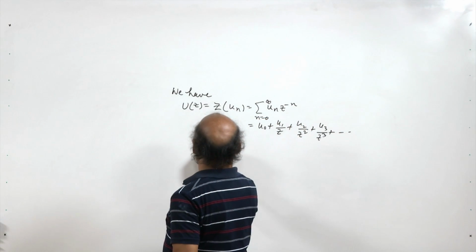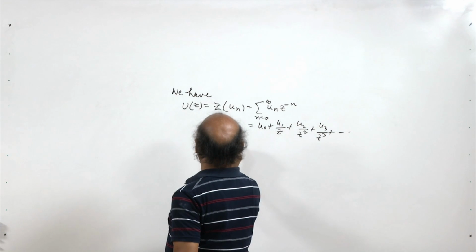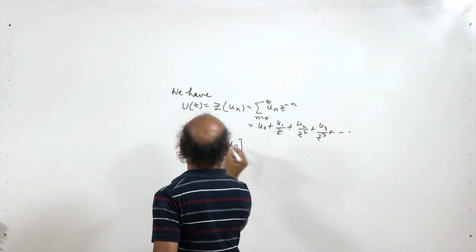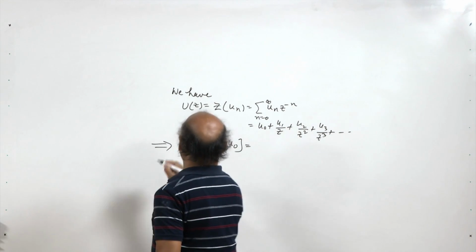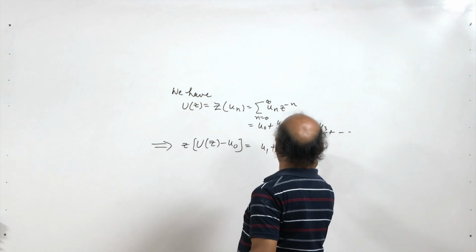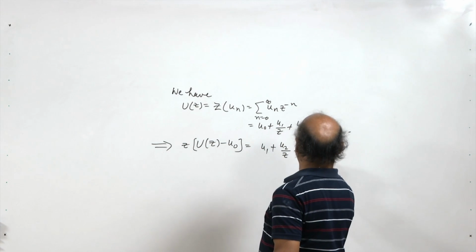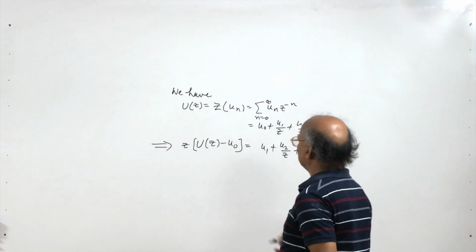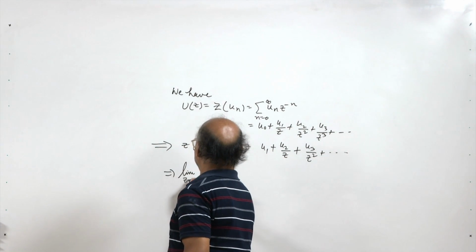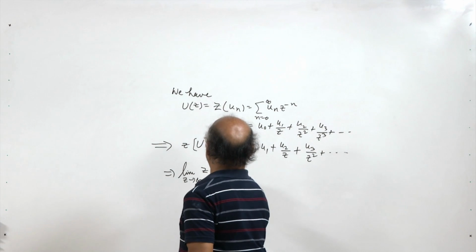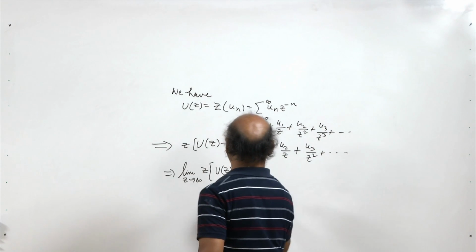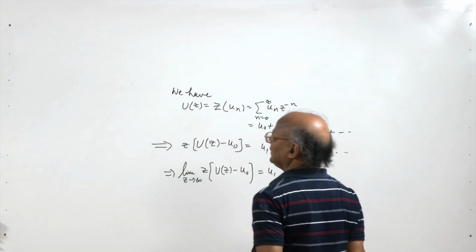So, from here we see that U(z) minus u_0, multiplied by z, is equal to u_1 plus u_2 by z plus u_3 by z square and so on. And so, taking the limit as z tends to infinity, z times (U(z) minus u_0) gives us the value of u_1.